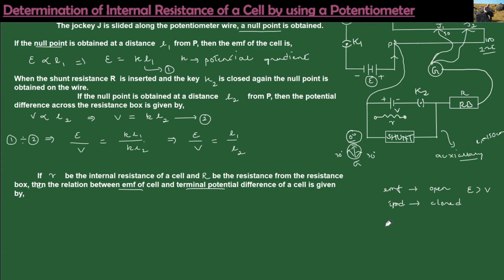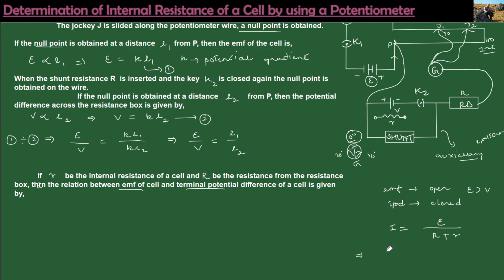We have also come across that the current through the cell is given by this relation, EMF of the cell divided by the total resistance of the cell, where capital R is the load resistance and small r is the internal resistance.